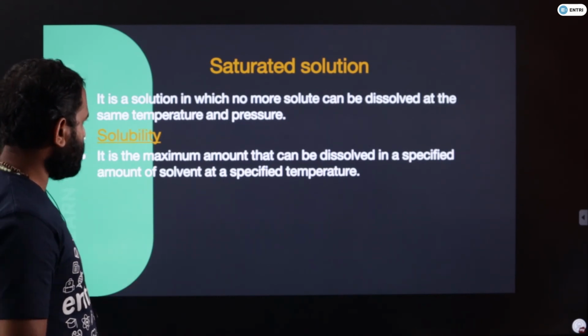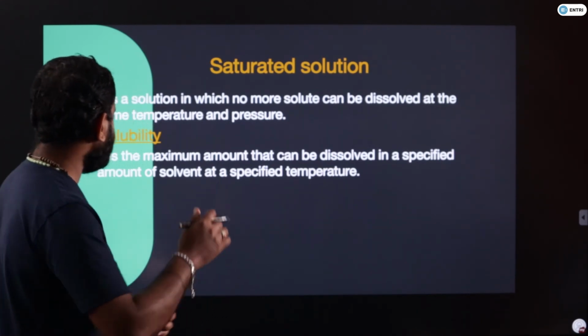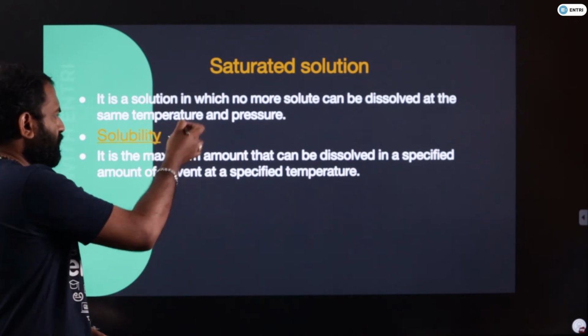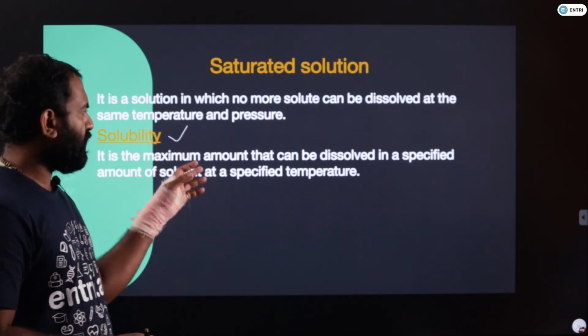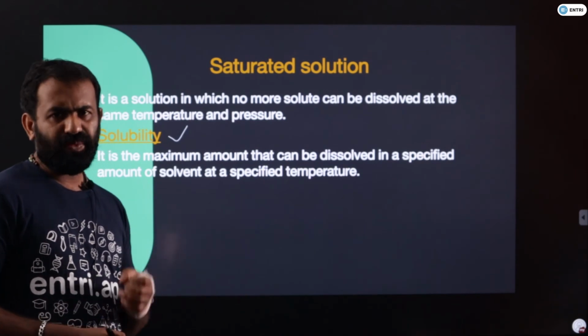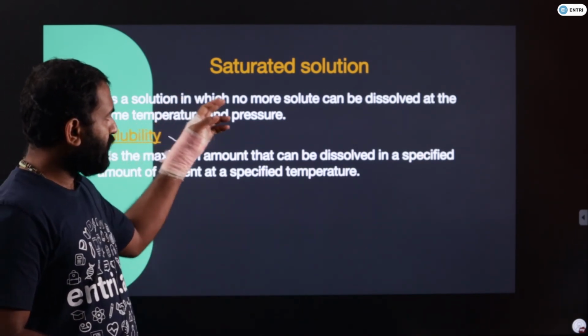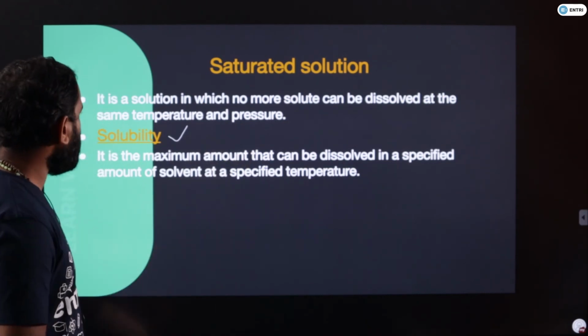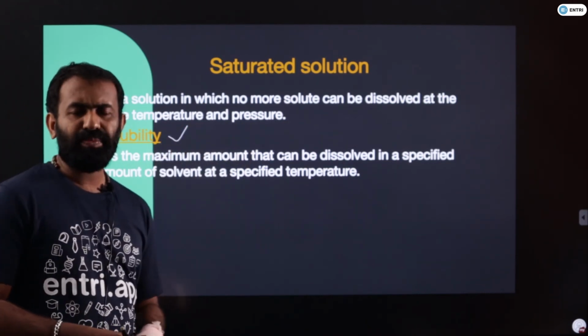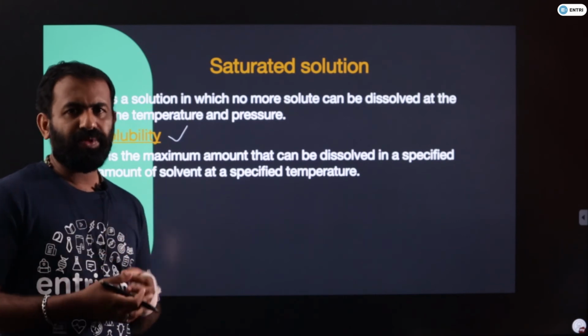Then saturated solution. In a saturated solution, we can define the term solubility, that is the maximum amount of solute dissolved in a given amount of solvent. A saturated solution is one in which no more solute can be dissolved at the same temperature and pressure. When temperature increases, solubility increases.